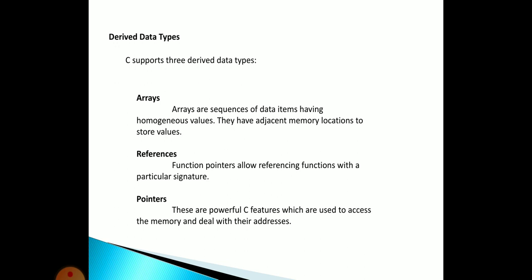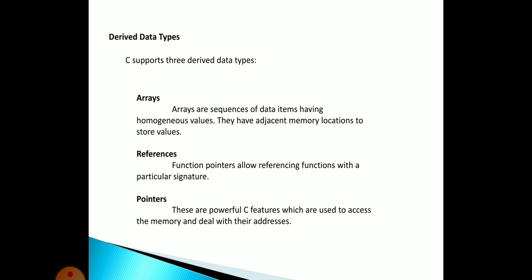C supports 3 derived data types: arrays, references, and pointers. Arrays are sequences of data items having homogeneous values. That means we use arrays to specify similar values.